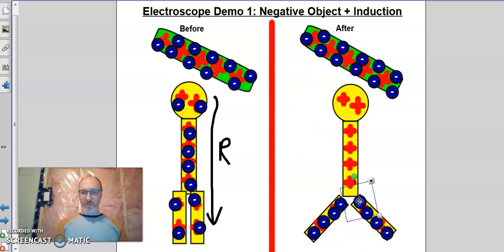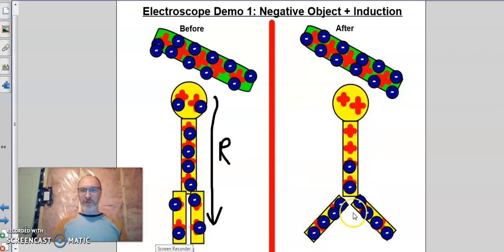I'm going to copy a few of them and put some more here along the rod. If we start out with 1, 2, 3, 4, 5, 6, 7, 8, 9, 10, we get 10 electrons here as well. Those 10 electrons are the same ones that were here, but now they've been repositioned because of that repulsion.